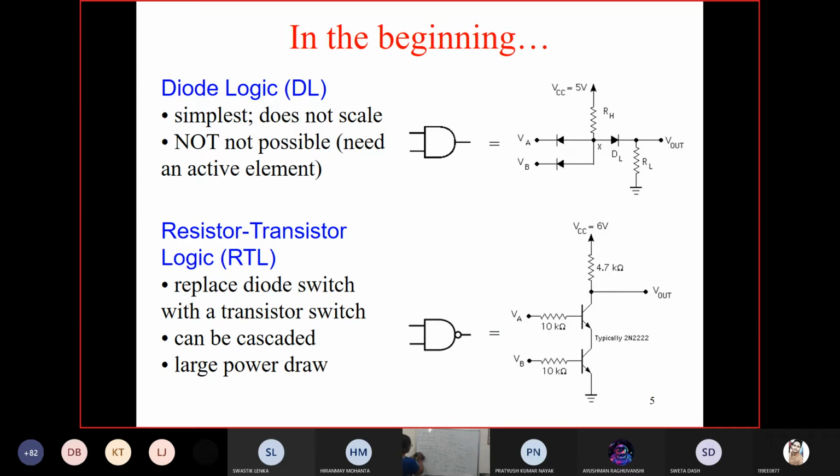Ma'am, how do we analyze whether it is working or not? Simple. VA is there and VB is there, two voltages. Then you take D1, D2, DL and the output. Give the values. Let VA be 5 volts and VB be 0 volts. Let the diodes be silicon.